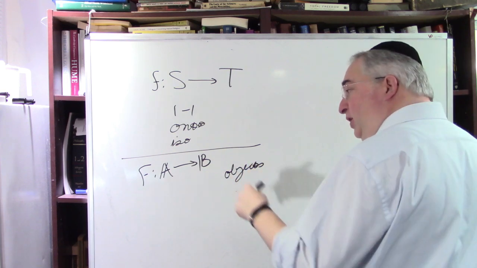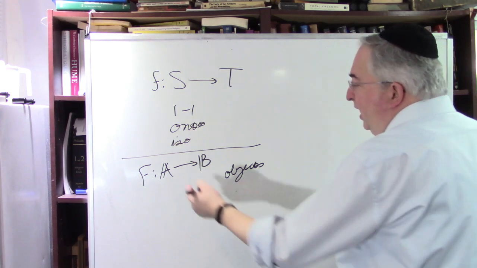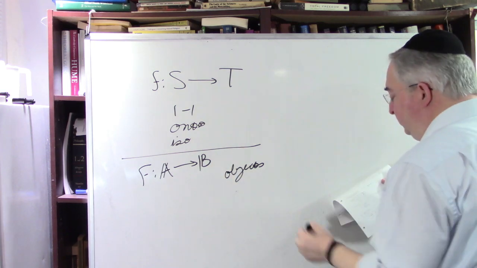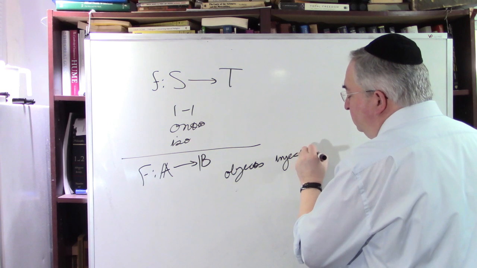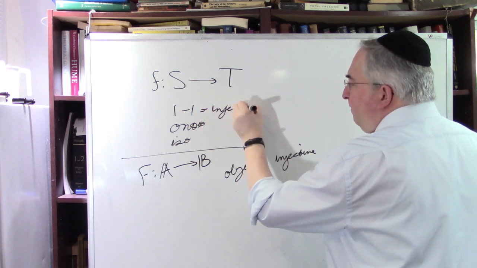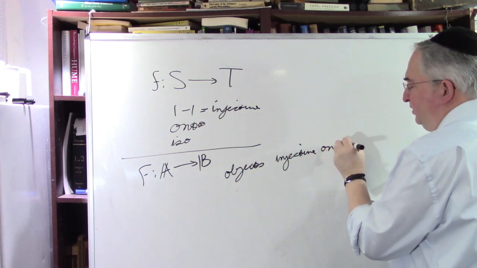And just like here, we can say the same thing about objects. How does this map from this to this? And the answer is, we can say it's injective. Injective is a fancy way of saying one-to-one. We can say it's injective on objects.